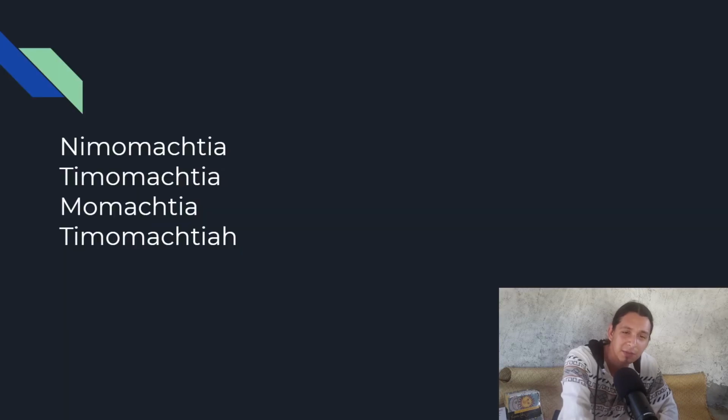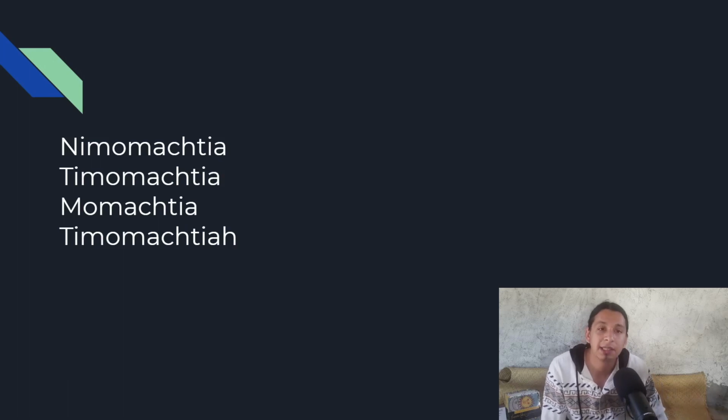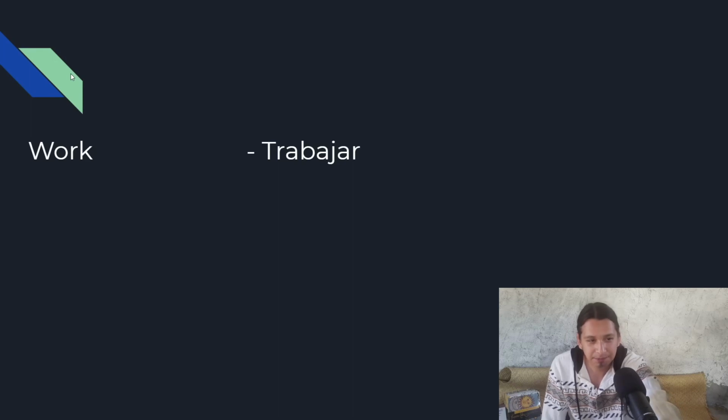Okay, so far these are the conjugations we've learned. Ni momachtia, I study. Ti momachtia, you study. Momachtia, she studies. Ti momachtia, we study. We need two more to complete all the conjugations of subjects.